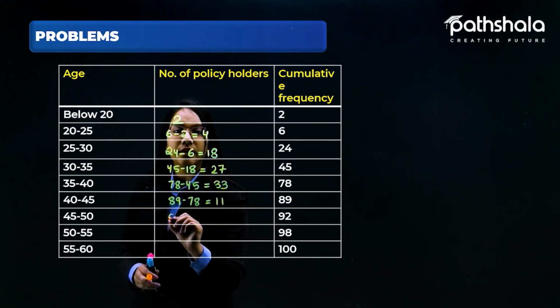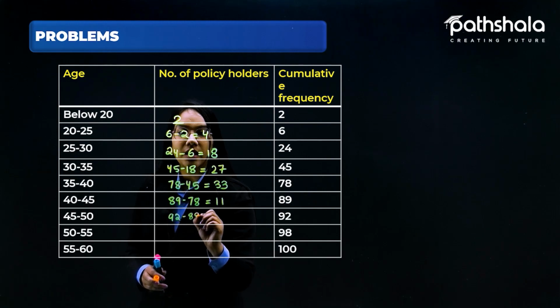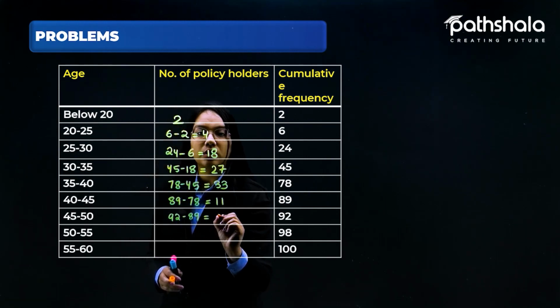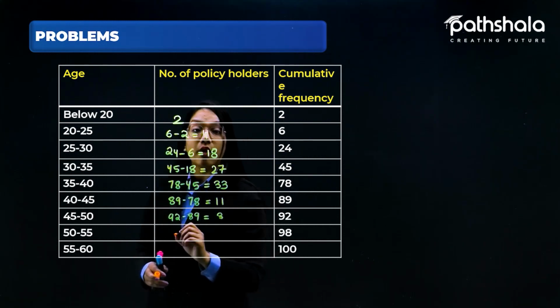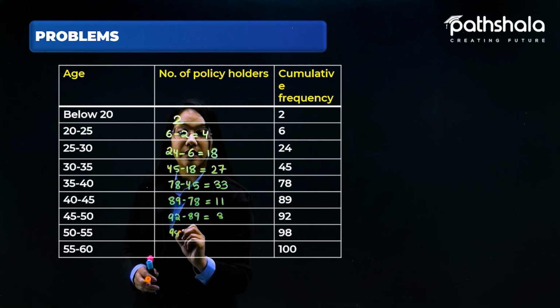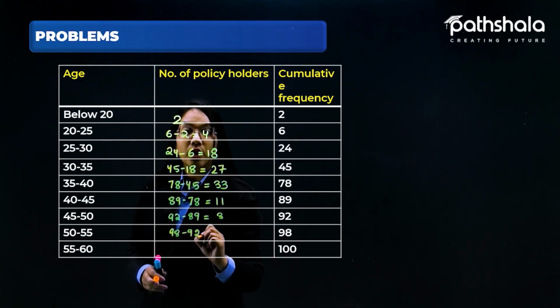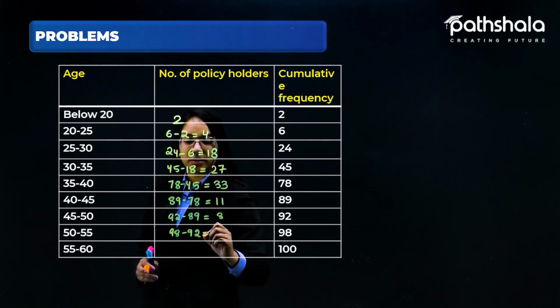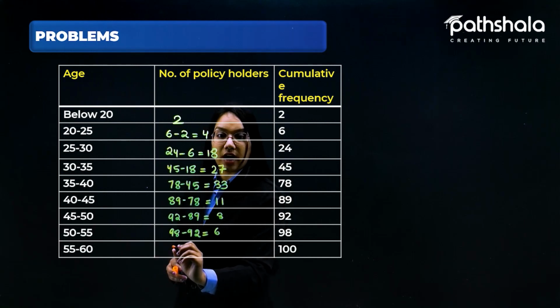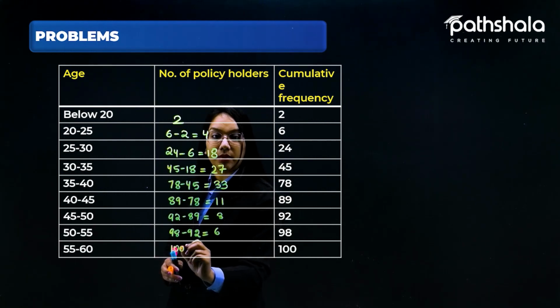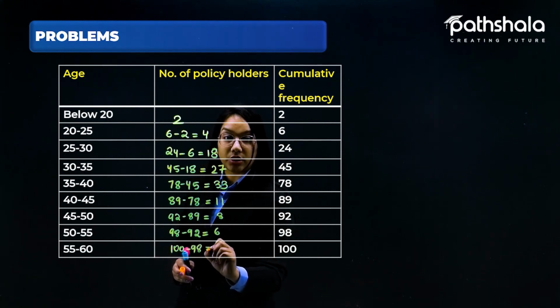Further, we have 92 minus 89, which is 3. Now further we have 98 minus 92, which is 6, and further 100 minus 98, which is 2.